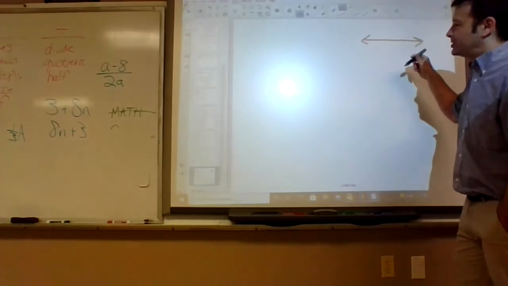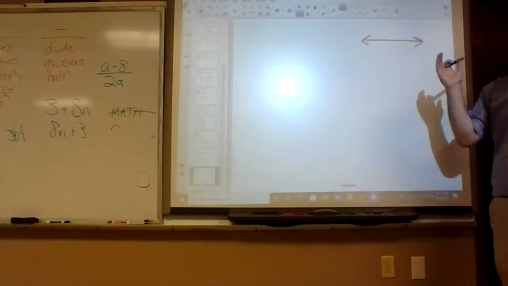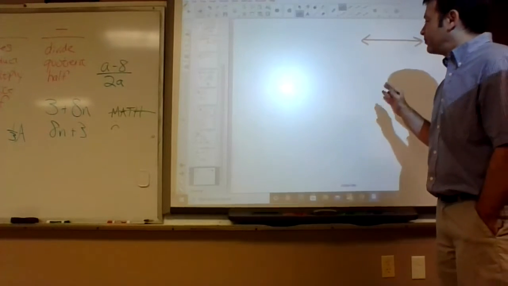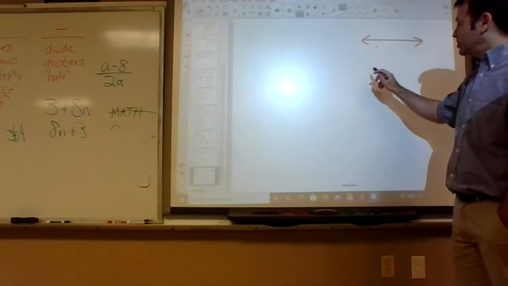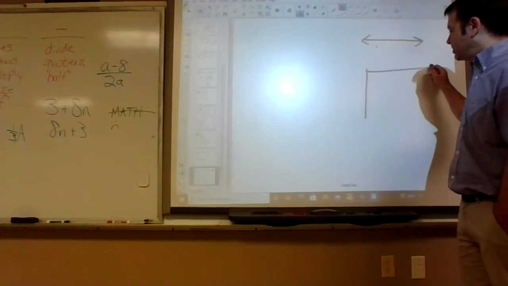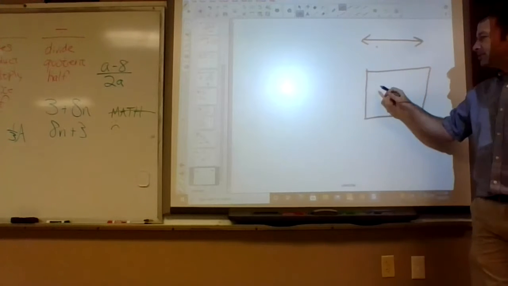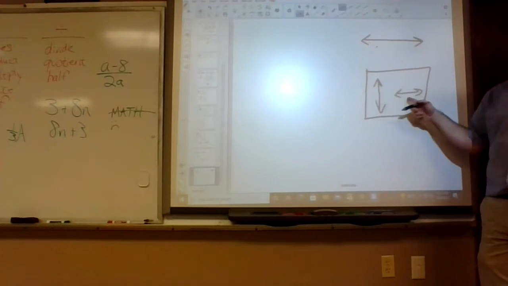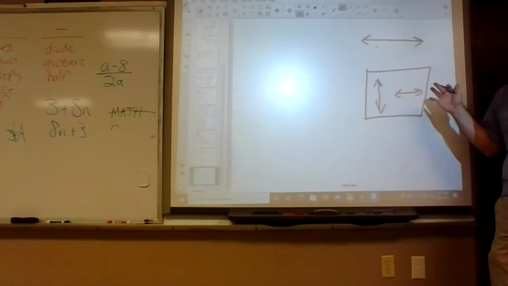This is one-dimensional. You go left or right, that's one dimension. Or up and down, that's one dimension. Just back and forth, that's one dimension. So a line is one-dimensional. A plane is two-dimensional because you can get anywhere on a plane by using these two dimensions, up and down and left or right.